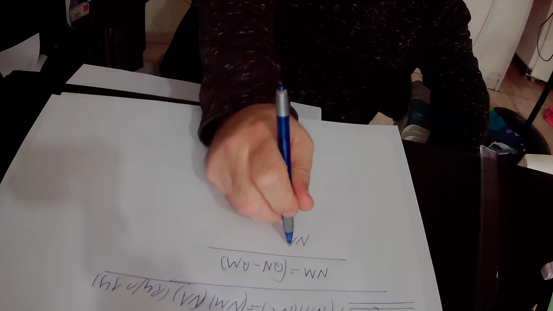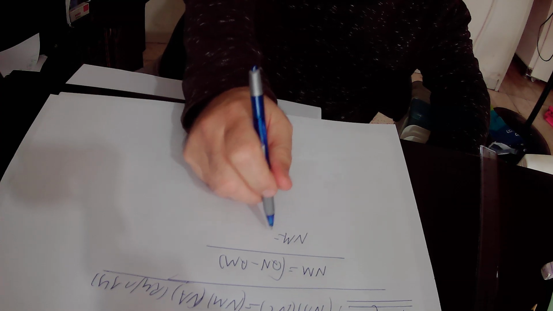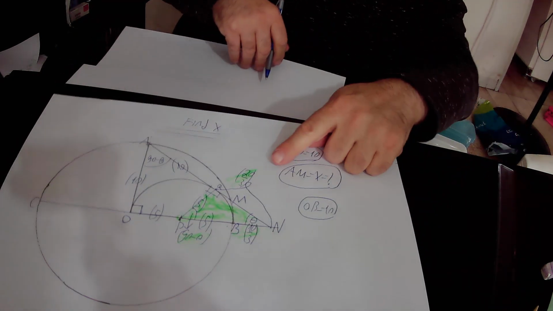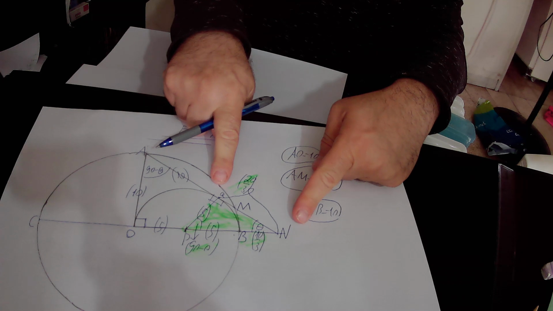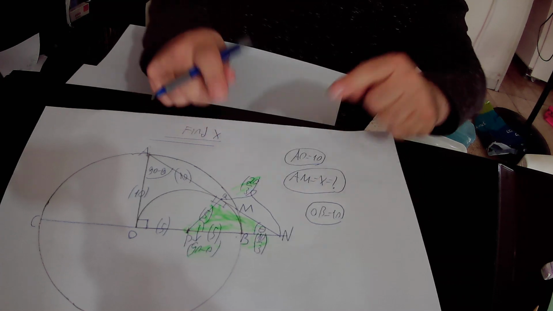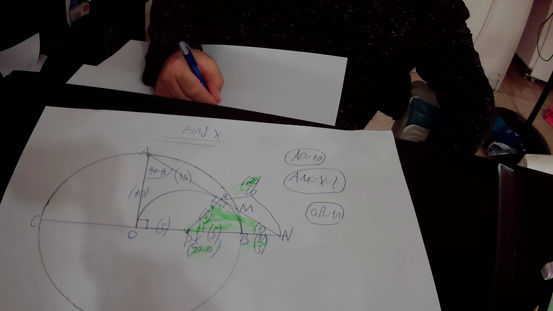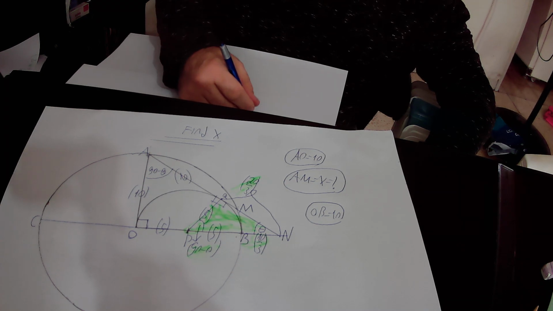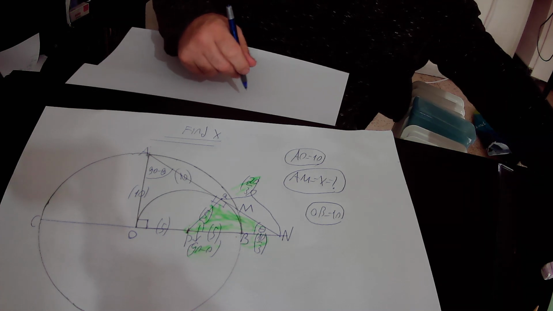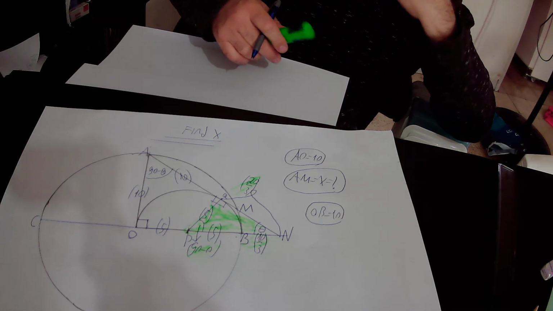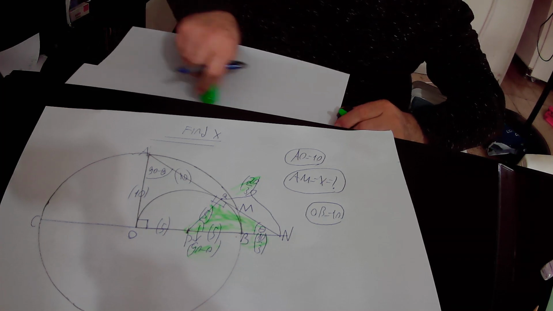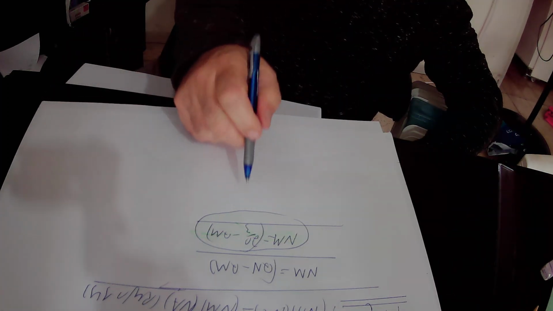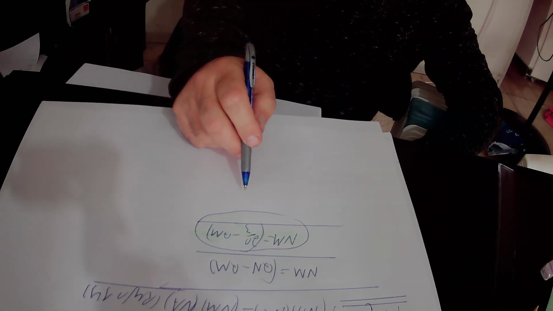So NM equals QN, which is 20 over 3 here, minus QM. So in conclusion, we found out that the length of line segment NM is equal to 20 over 3 minus QM.